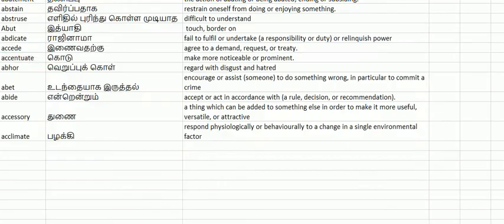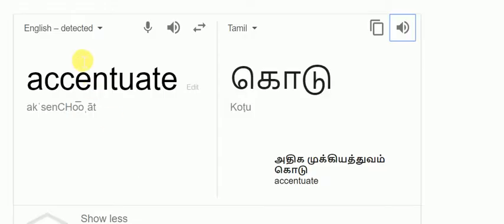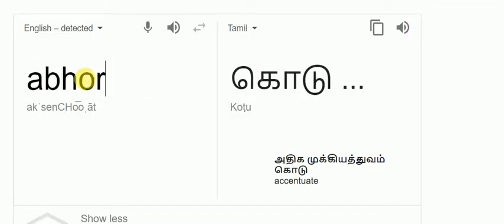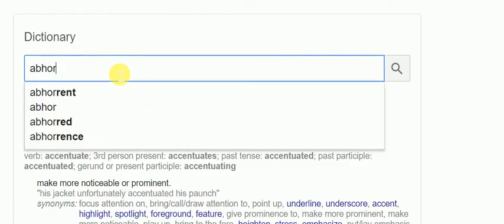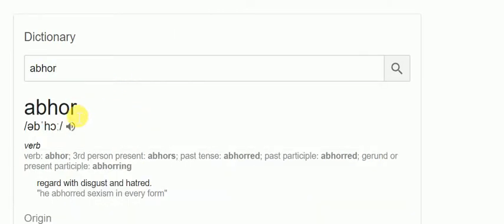Next we are going on. The next word, even though it's a small word, is a very important word, important to use in daily speech. Abhor.